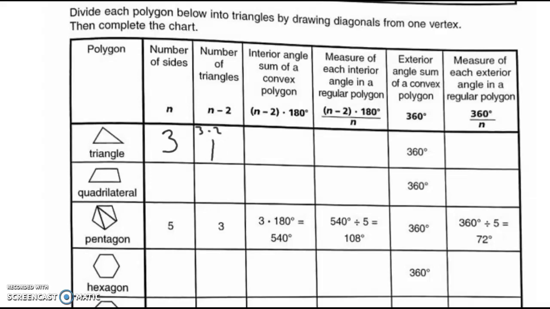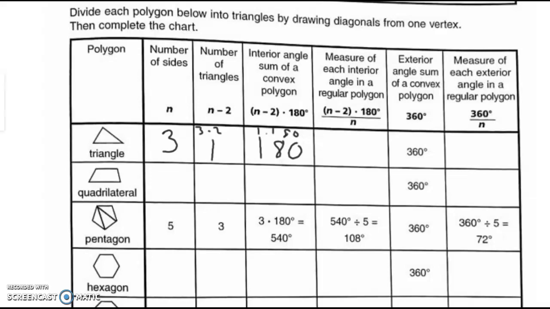Well, we know from Unit 5 and the triangle sum theorem that a triangle has 180 degrees. So if I have one triangle, then I have 1 times 180, and I get my triangle has a sum of 180 degrees.